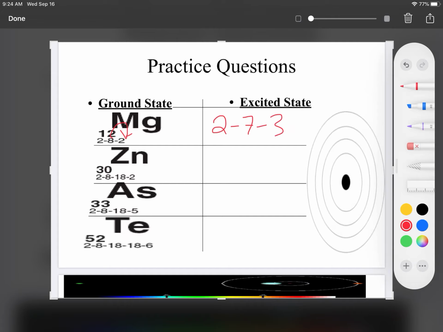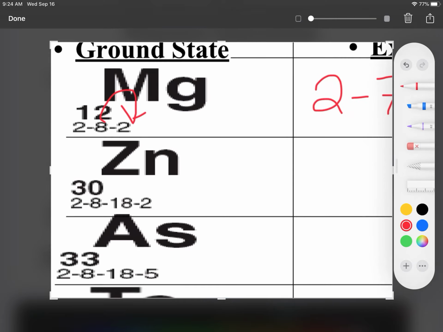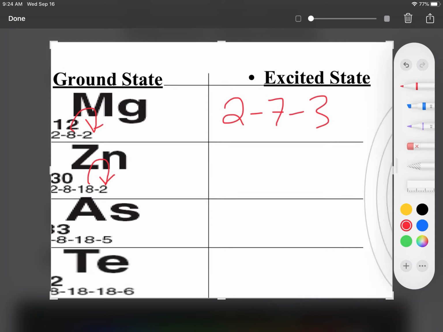Okay, try zinc now on your own. Hit pause and try zinc. Okay, we're back. So zinc has 4 levels here, right? 2 electrons at first, 8 in the second, 18 in the third, 2 in the fourth, all right? So if you look over here, the second to last level will be the third. So 1 electron from 18 will jump up to the fourth, which has 2.